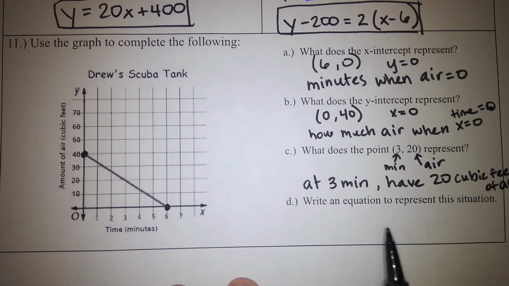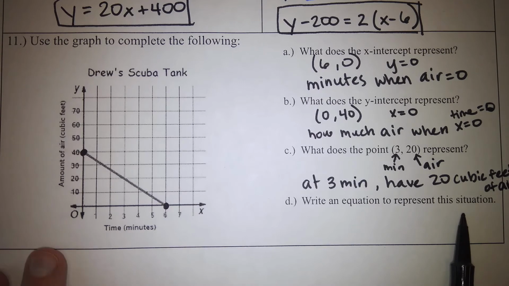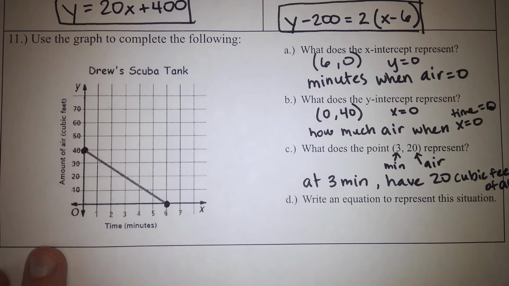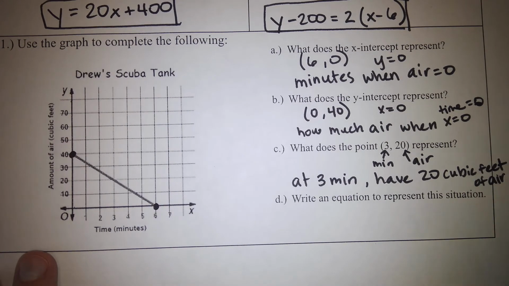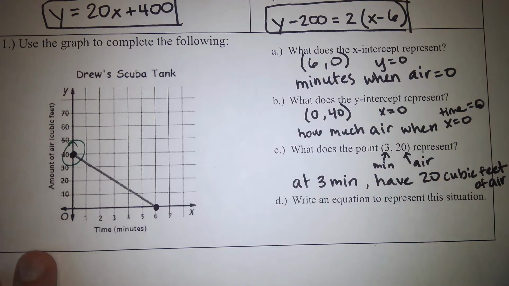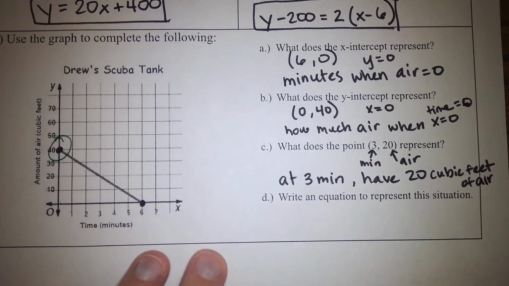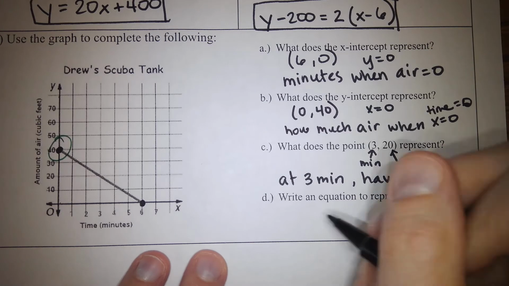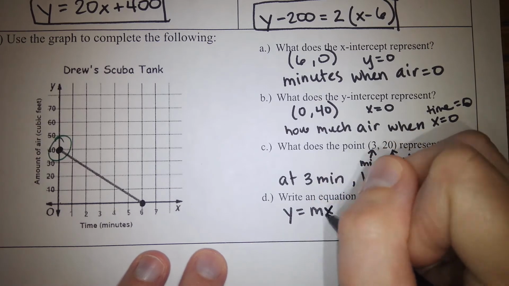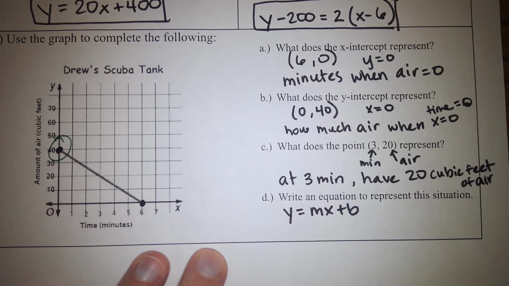So if we want to write an equation to represent the situation, well, let's look over at the graph. What kind of equation do we want to use? Well, we are given our y-intercept. So if we have our y-intercept, I would use slope-intercept form, all right? Y equals mx plus b, because that's the easiest one.